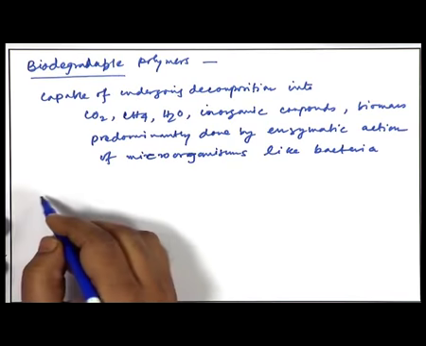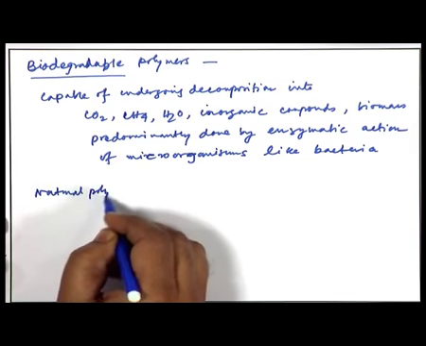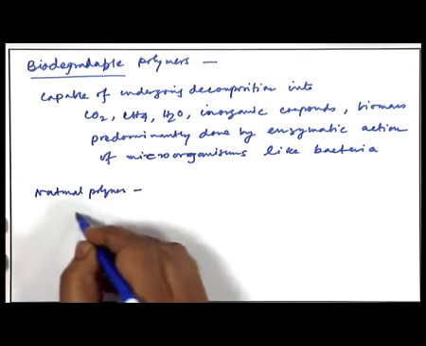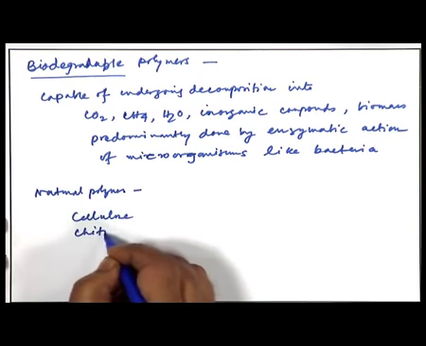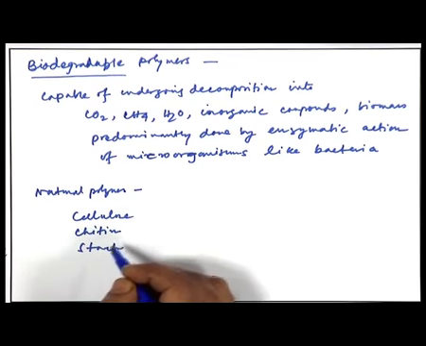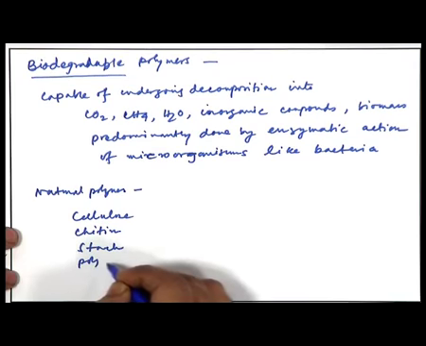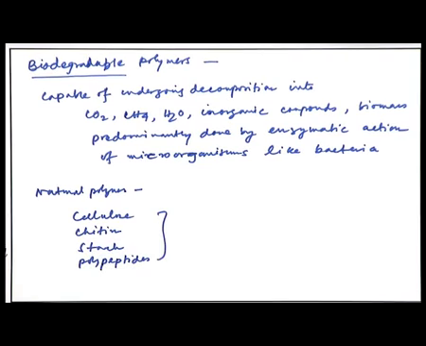Most of the natural polymers like cellulose, chitin, starch, proteins or polypeptides are all biodegradable enzymatically.